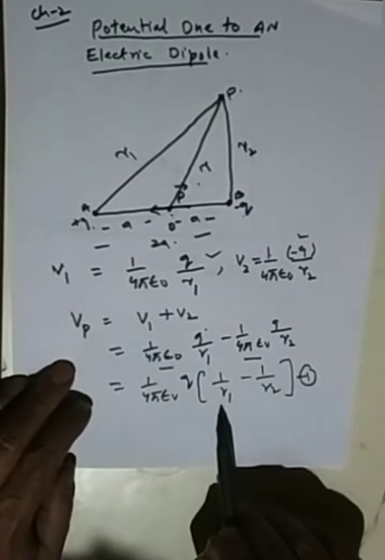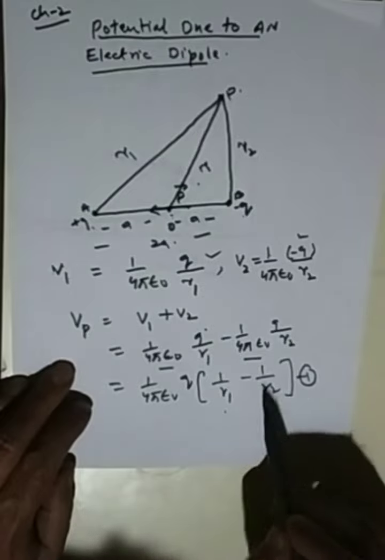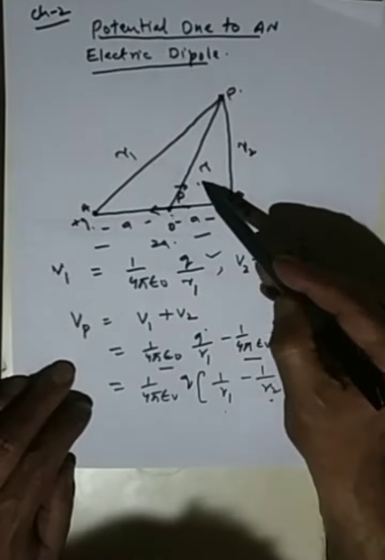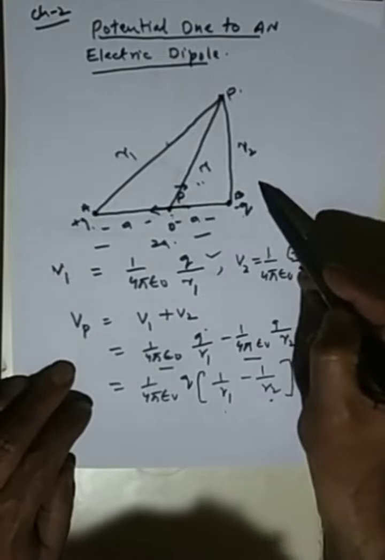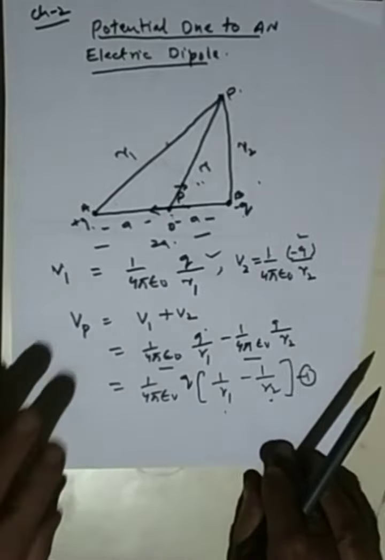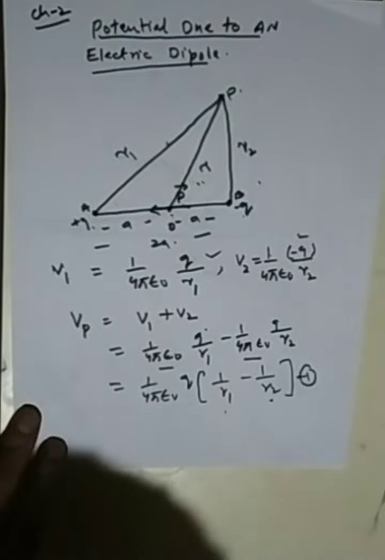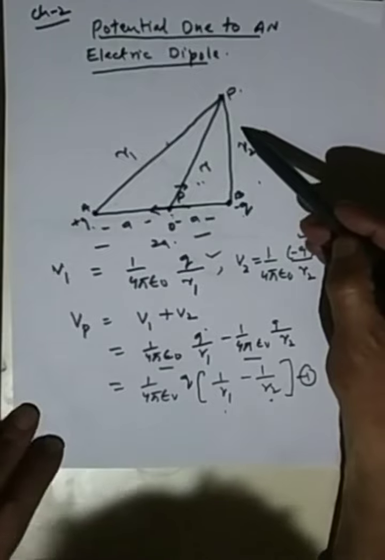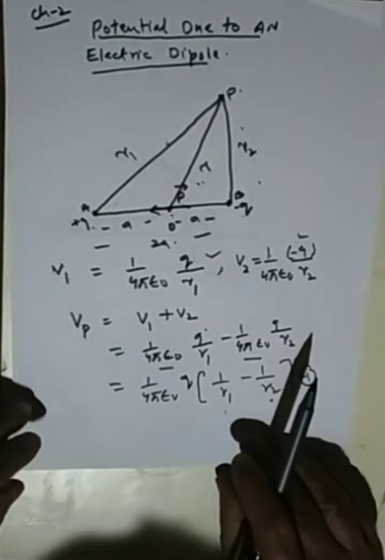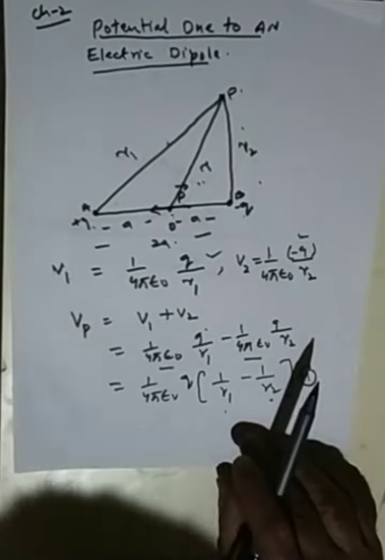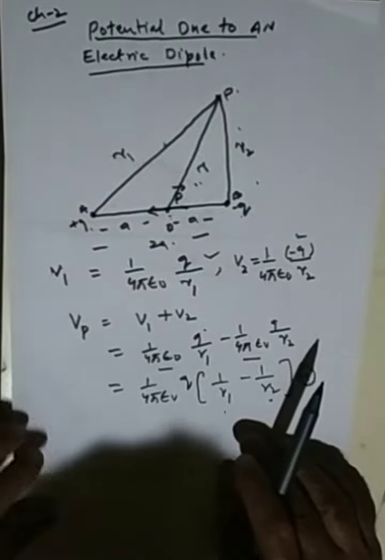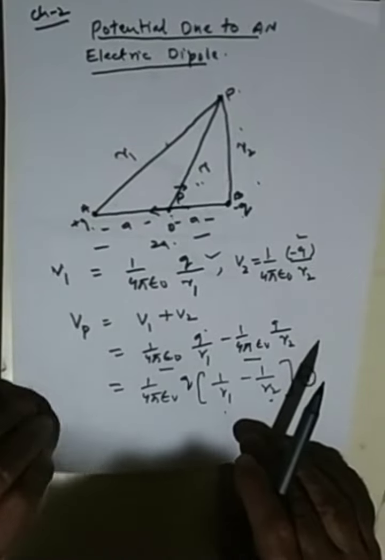Now the question here is to find these R1 and R2 in terms of the known distance R. These are unknown distances. Now what we will do, we will use the geometry of the figure to find this. Now we know that the cosine law of a triangle is as follows.